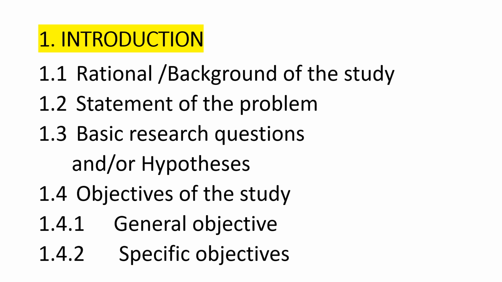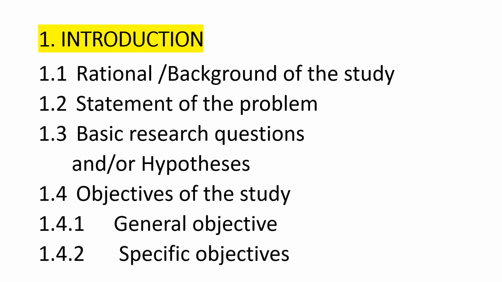The next one is the introduction. By the way, there are about four or five chapters in a research report. These are: chapter one, introduction; chapter two, literature review; the third one is methodology; the fourth one is data analysis and interpretation; and the fifth one is summary, conclusion, and recommendations.